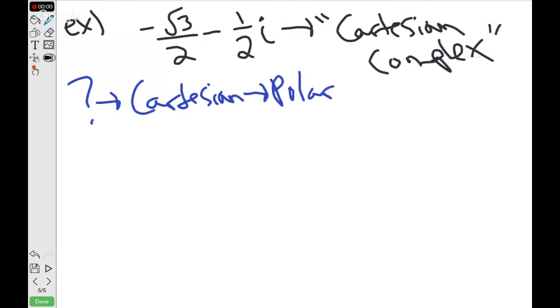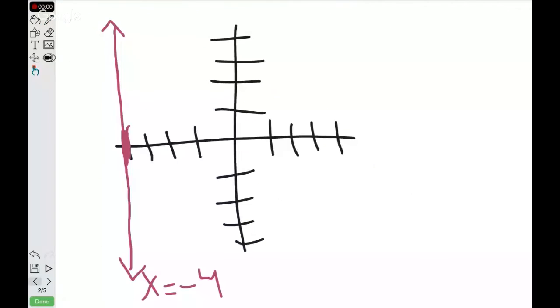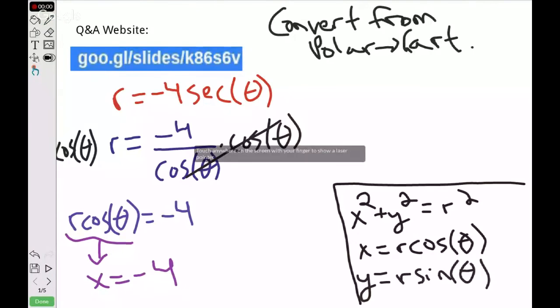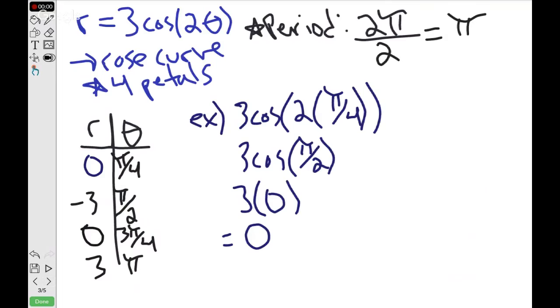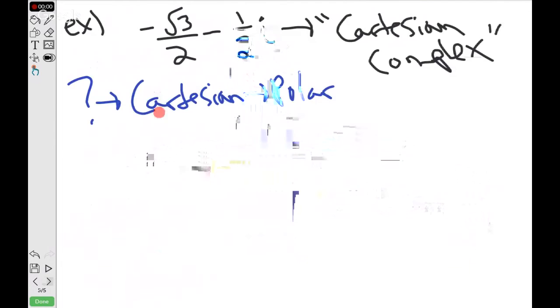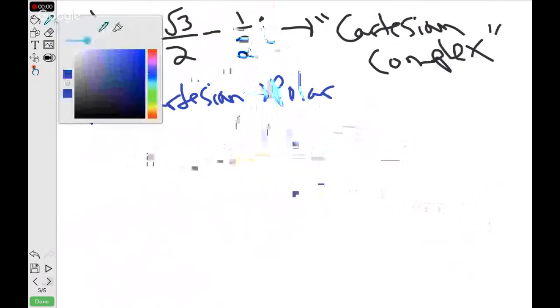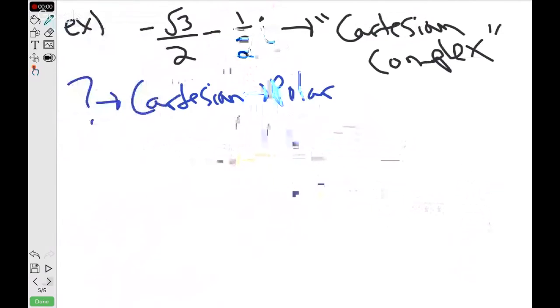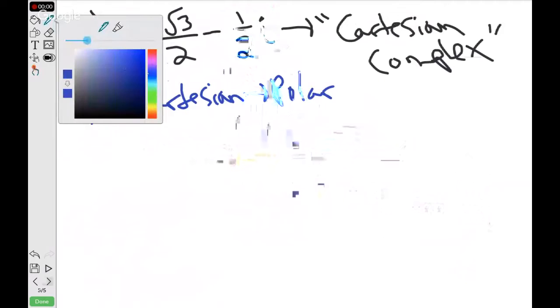If you remember the first question we did back here, and this is the website if you guys want to post questions, we did a conversion from polar to Cartesian equations. Now we're doing Cartesian to polar, just coordinate points. So it's a little bit different than the equation conversion we've done in the past.